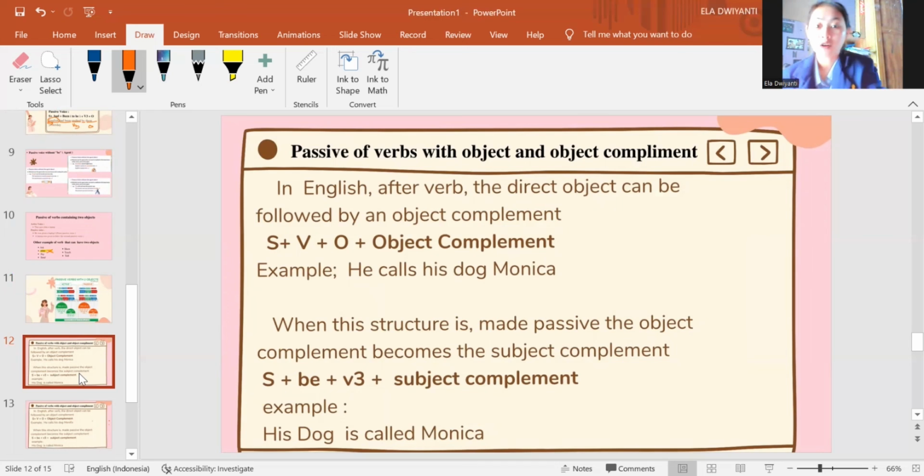"He called his dog Monica." When this structure is made passive, the object complement becomes the subject complement. The pattern is subject, be, verb 3, and subject complement. Example: "His dog is called Monica."